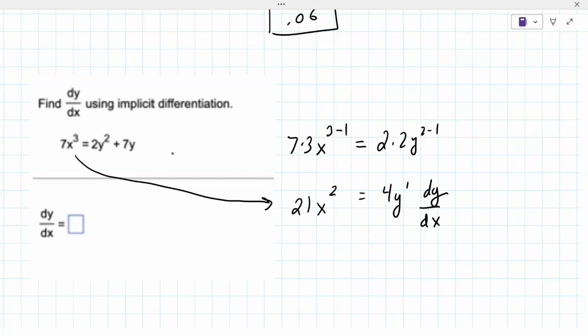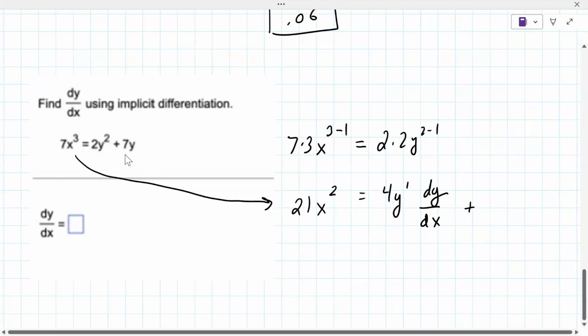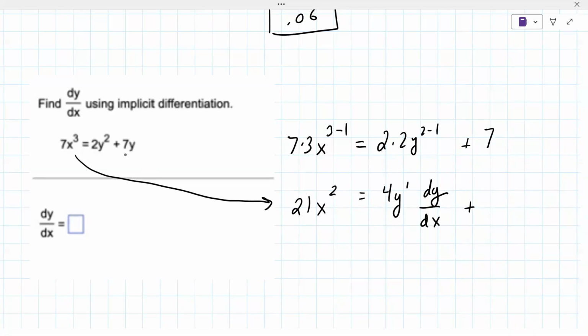So you may not know why or fully understand, but this is what you do. All right. Plus, now the derivative of 7y is just 7, but again, it's dy/dx. Whenever you take a derivative with respect to y, there's a dy/dx. But not when you take it with respect to x. Yes, that's correct. Okay. Which is weird, but we can do this.